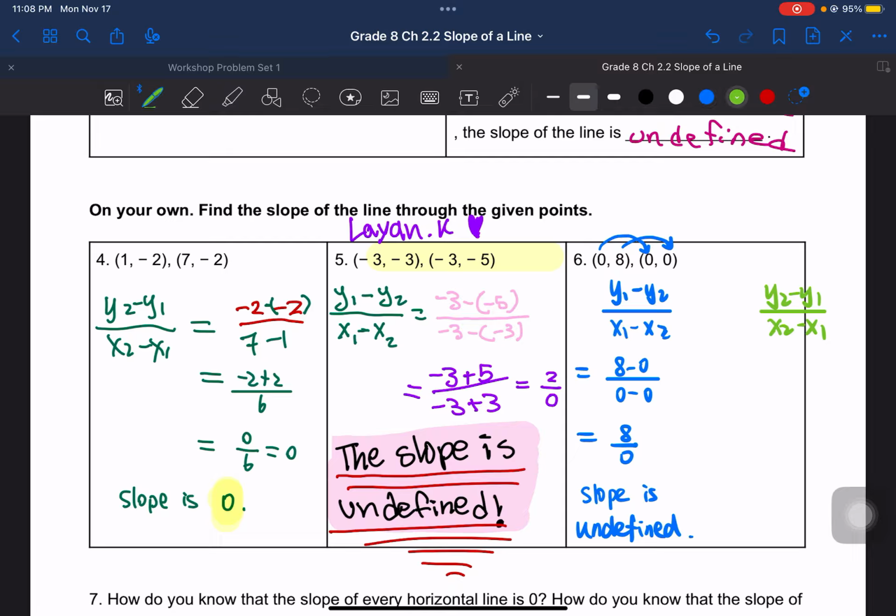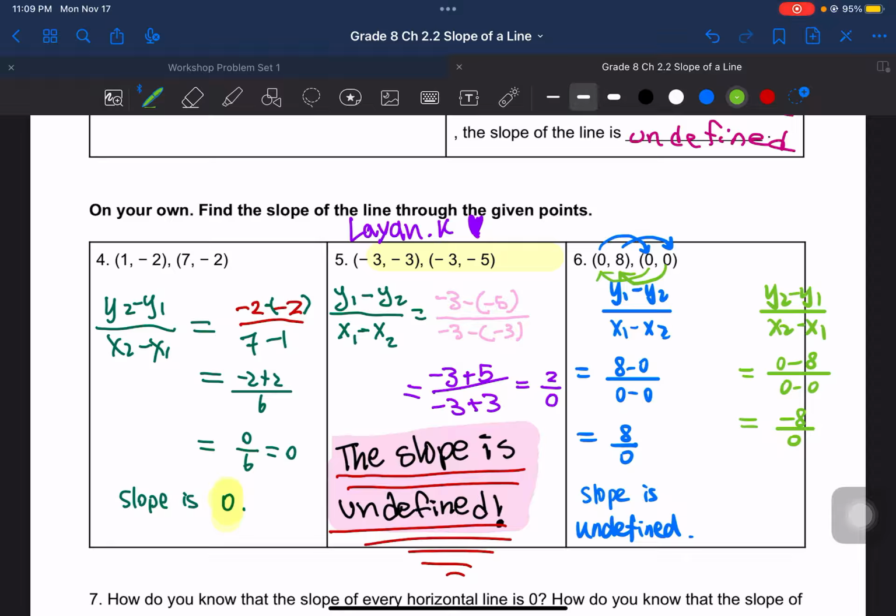So let's see if we do the inverse. If we do y2 minus y1, so now we'll have 0 minus 8 over x2 minus x1, which is 0 minus 0 again. So we'll have negative 8 over 0.